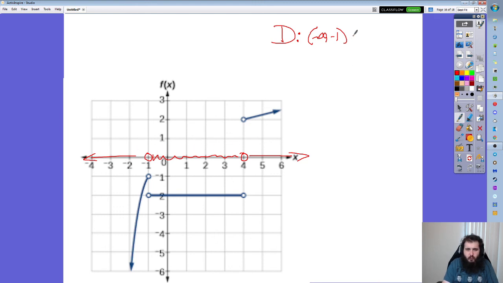And the symbol we use to connect is a U, and that stands for union. -1 all the way to +4, that's the next interval, right? And neither of those is included either, right? There's no spot where -1 has a closed circle. There's no spot where 4 has a closed circle.